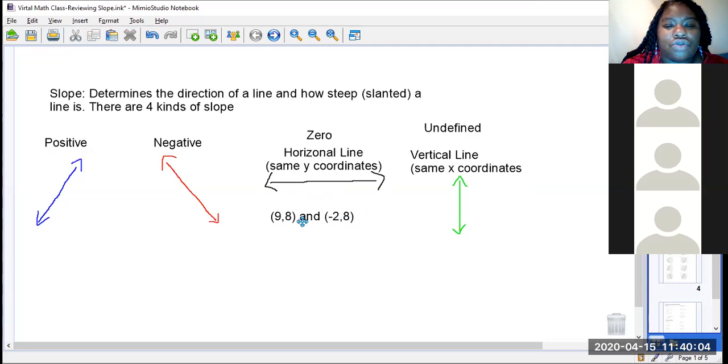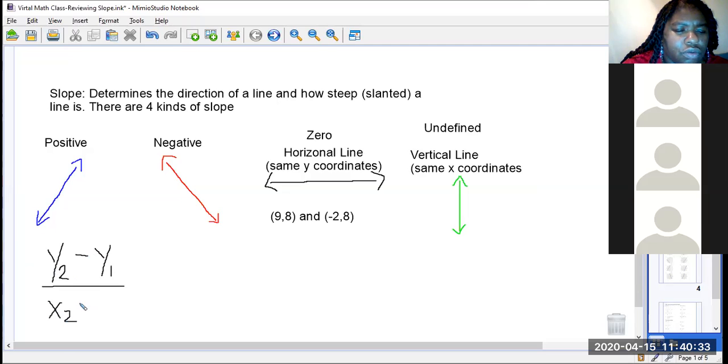I don't have to do the formula, oh, I forgot to write the formula, which by the way, I'll go ahead and write out here. The formula for slope is y2 minus y1, now remember, this is not y squared. A lot of people say y squared, but that's not what that is.